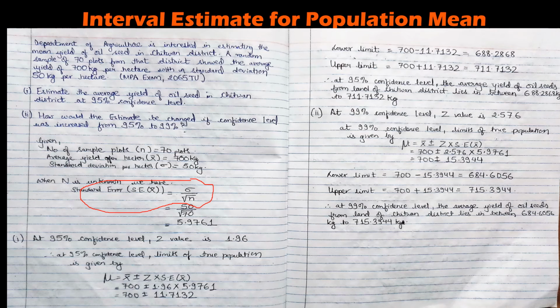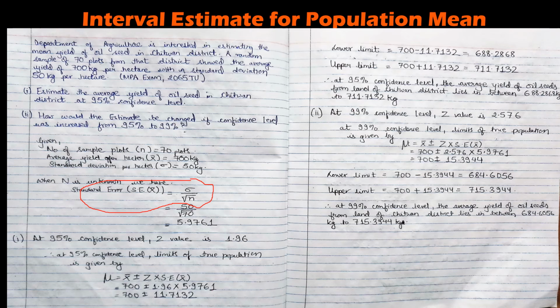So here we write, at 99% confidence level, the z value is 2.576. At 99% confidence level, the limits of the true population are given by this formula, and here we get this answer. This is for the lower limit and this for the upper limit.